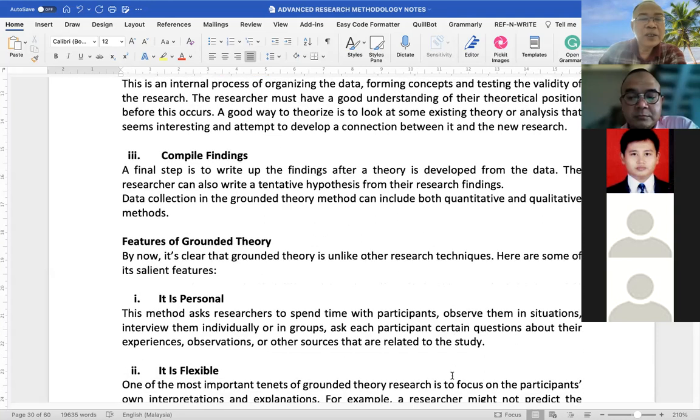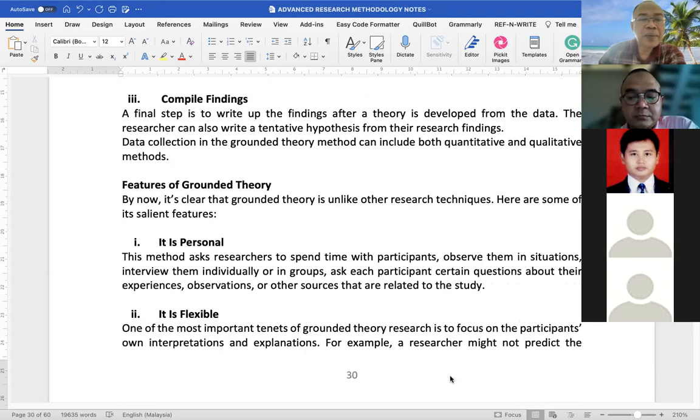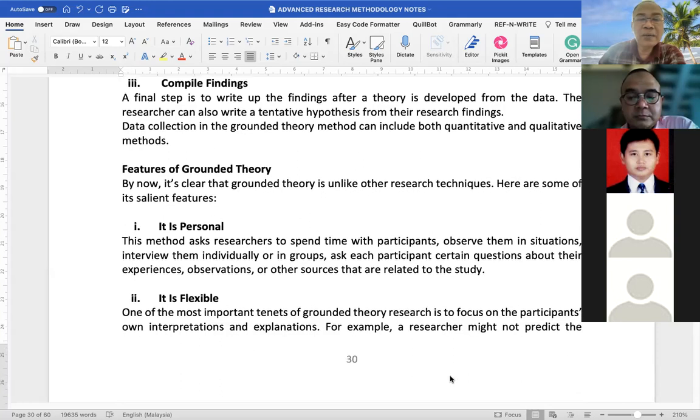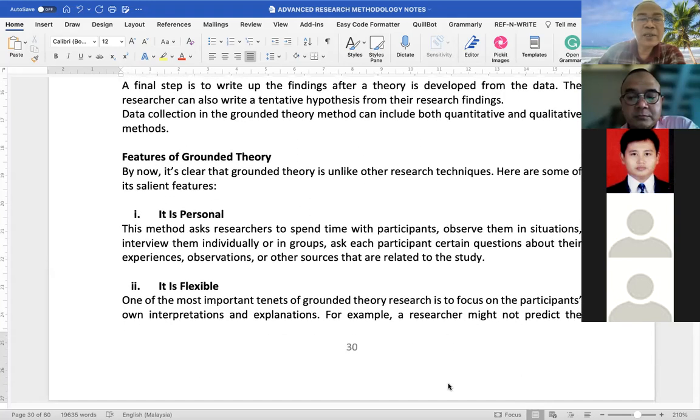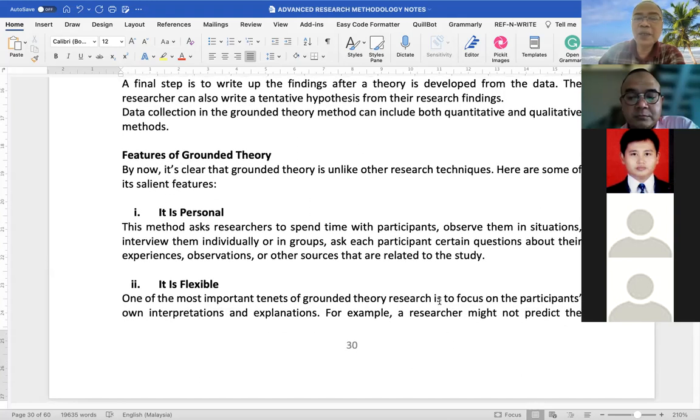Quickly, we go to features of grounded theory. Number one, it is personal. This method asks researchers to spend some time with participants, observe them in situations, interview them individually or in groups, ask each participant certain questions about their experiences, observations, or other sources that are related to the study. So it is personal.